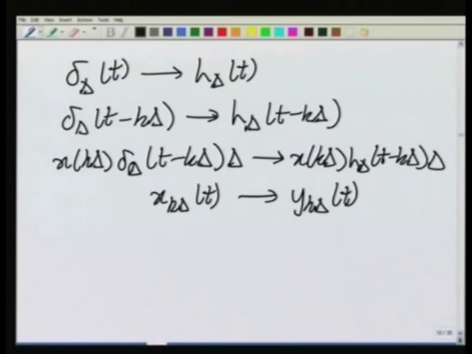So, both the scale factors have appeared in the output, namely x(kΔ) and Δ. This together has given us an expression for x_kΔ(t), as we have just written in the last line.